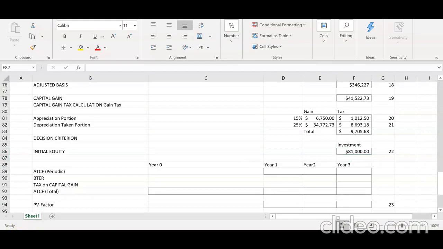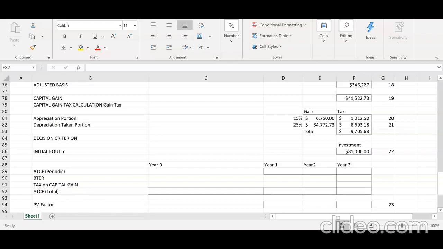The final step is the decision criterion. I started by calculating the initial equity, which is the acquisition price less the loan amount, and then adds the improvement expenditure to calculate after-tax cash flows. For the third year, I add after-tax cash flow periodic and before tax equity reversion, and then subtract the tax on the capital gain.